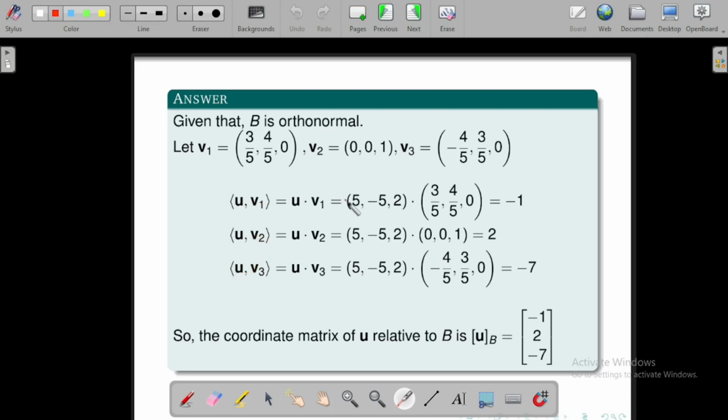Inner product UV1 is (5, -5, 2) dot product with (3/5, 4/5, 0). Here the inner product used is dot product. So the answer is minus 1. Likewise, inner product UV2 is 2 and inner product UV3 is minus 7. So the coordinate matrix of U relative to the basis B is (-1, 2, -7).